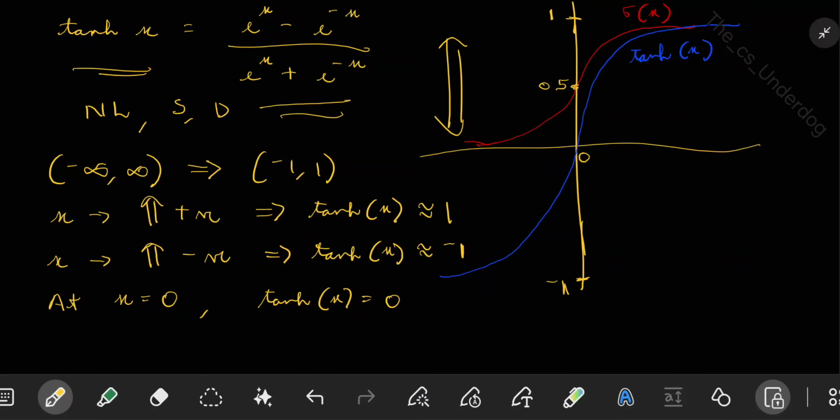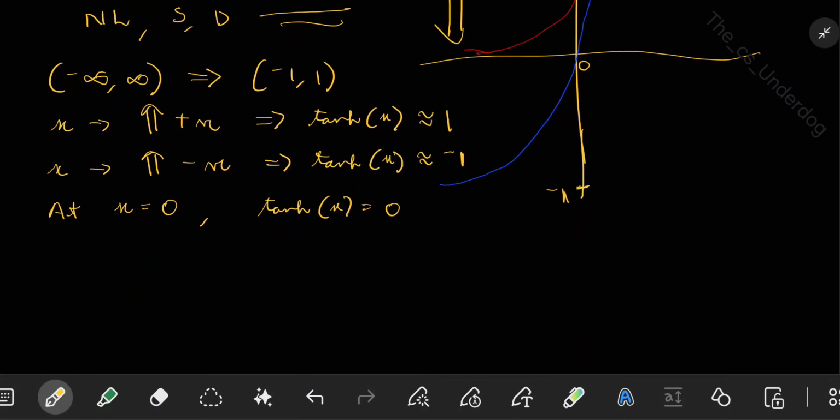Okay. Next point is, we already talked that sigmoid is not 0 centered and tan h is 0 centered. So let us talk about this 0 centeredness next, because this is an important property because of which tan h is a better activation function than sigmoid. Okay. So what is this 0 centeredness?